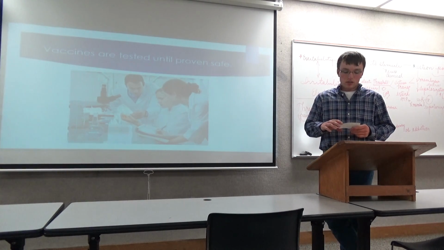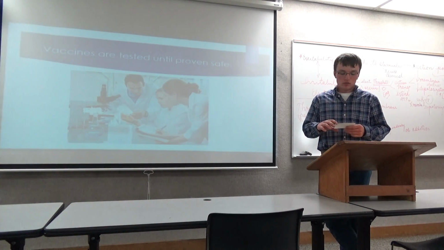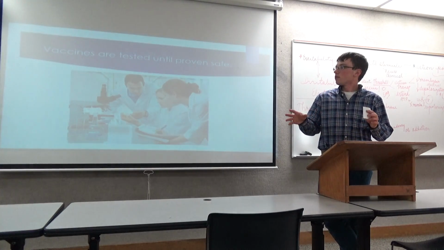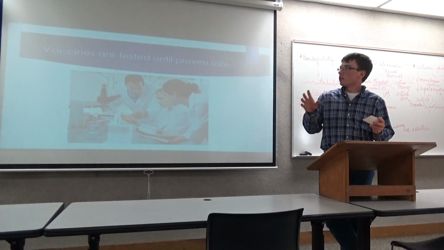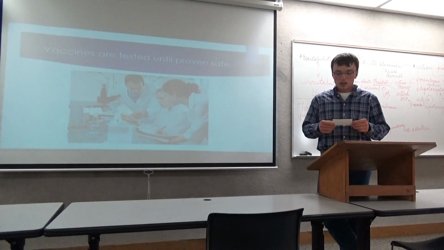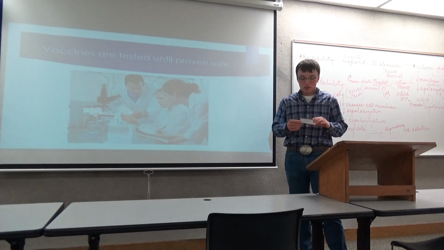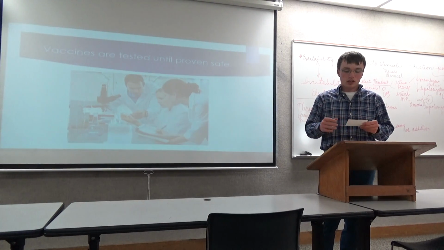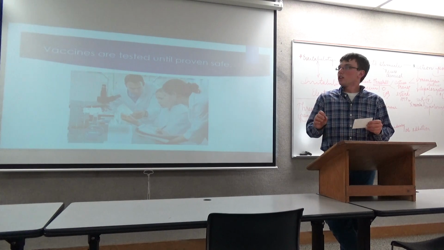The preclinical stage is making the vaccine able to go into the human body and function in the human body. In the clinical stage, which has 3 subunits, you take the vaccine and give it to a select group of people.